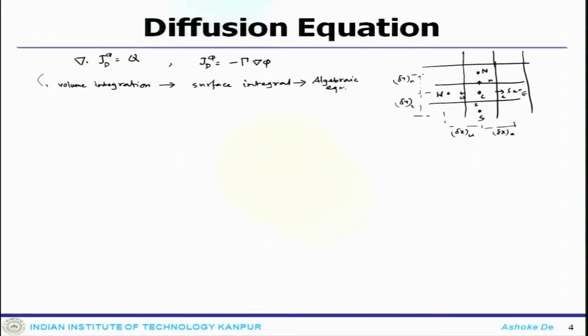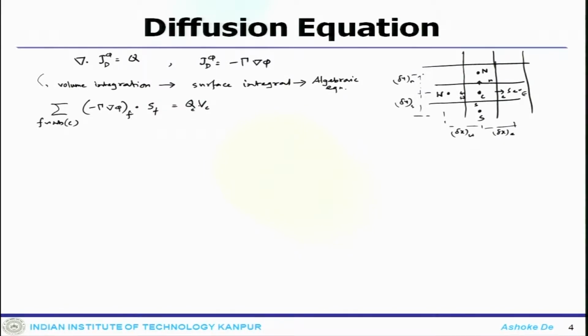If you follow the same procedure, essentially doing the integration, this turns out to be the summation over all the faces f of minus gamma del phi at f dot S f equals q V c.